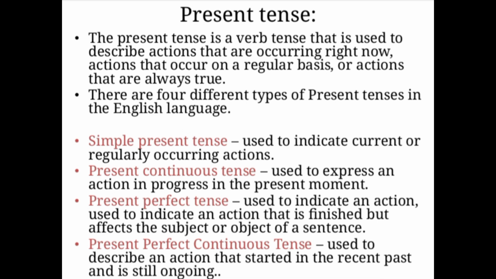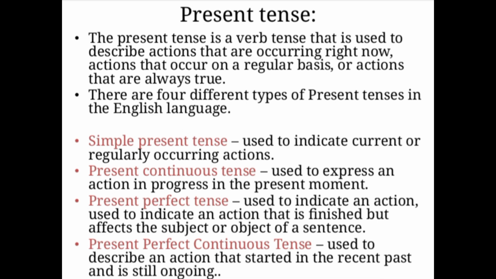And we use present perfect tense to indicate an action that is finished but affects the subject or object in a sentence. We use present perfect tense to tell the action that has already been done, already finished, already accomplished, but still it is affecting the subject or the object in a sentence. So that's why we use present perfect tense.